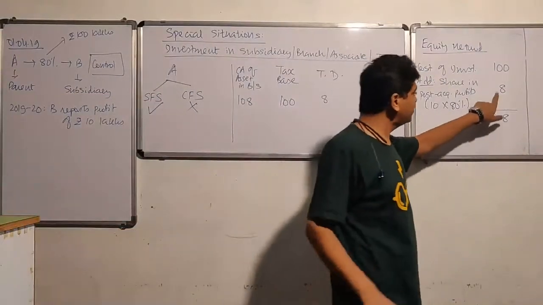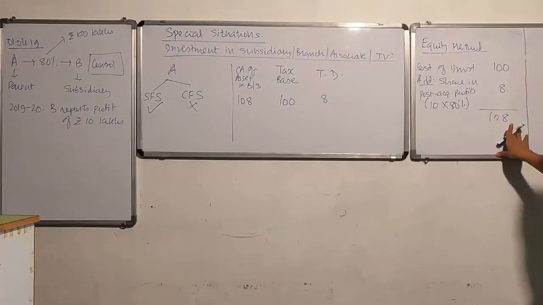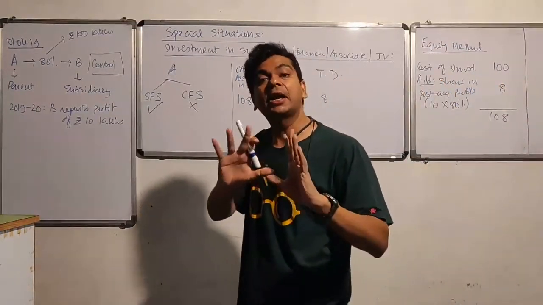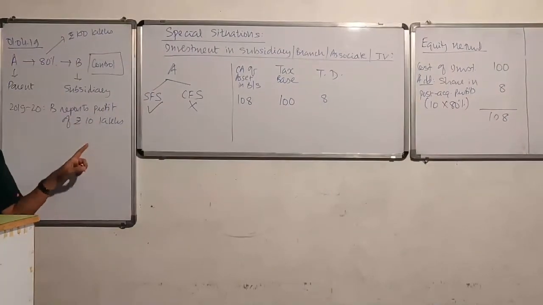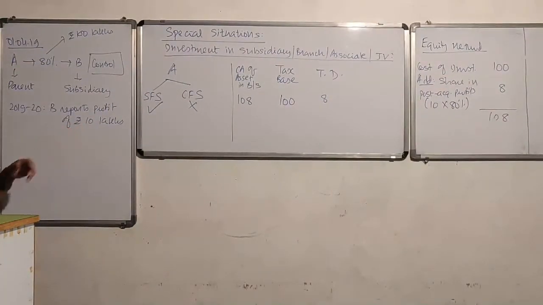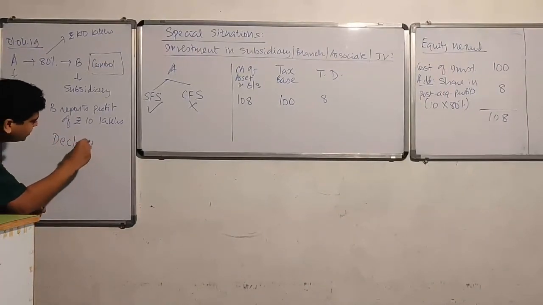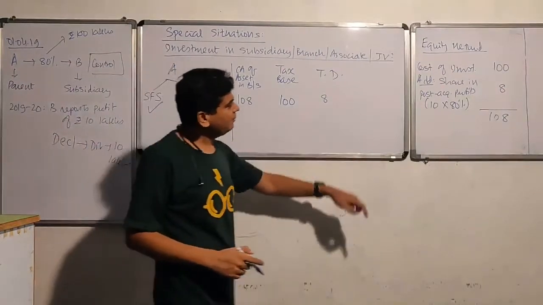So what will happen? This temporary difference of 8 will reverse the moment the subsidiary declares dividend. Just think for a moment that the subsidiary declares dividend of 10 lakhs. You are reporting a profit of 10 lakhs, and just assume that the subsidiary is declaring a dividend of 10 lakhs. So you know what will happen here?